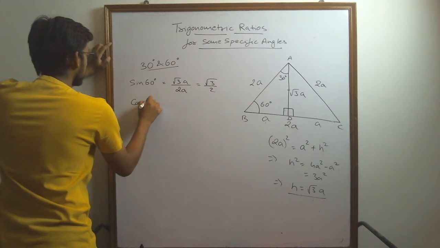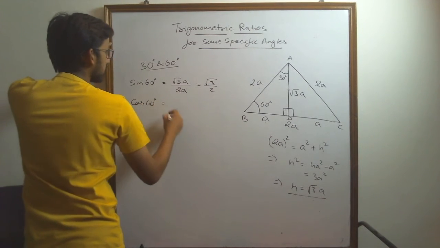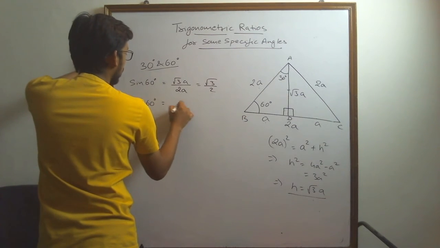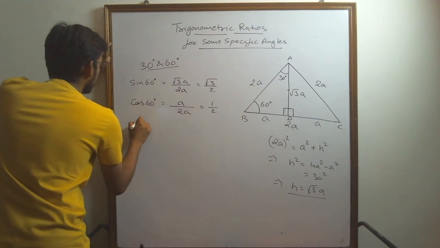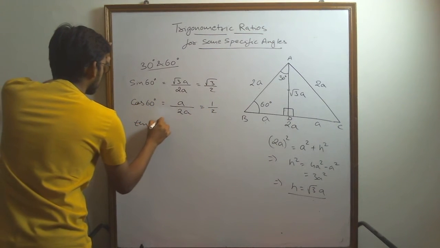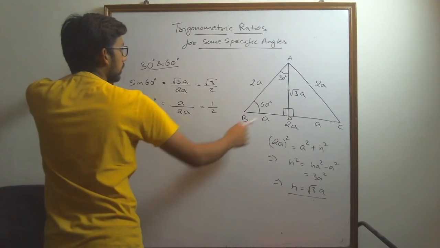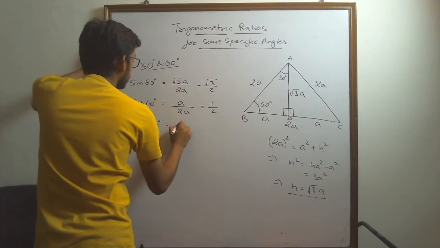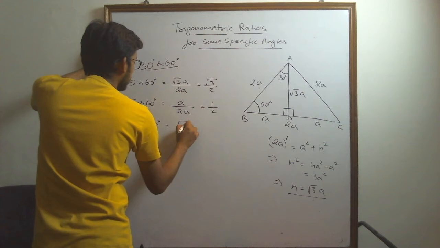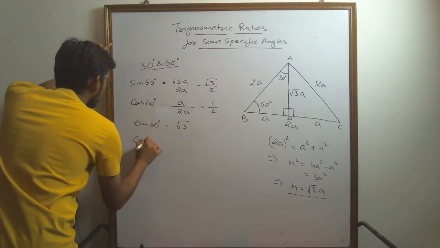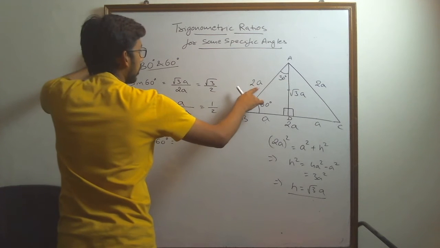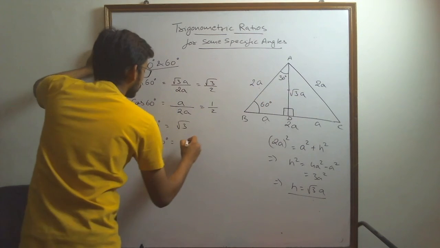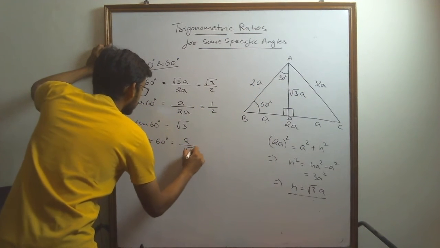Cos 60 degree will be adjacent a upon hypotenuse 2a, 1 upon 2, and tan 60 degree will be equal to opposite upon adjacent, so root 3a upon a, which is root 3. Cosec 60 degree will be hypotenuse upon opposite, so 2 upon root 3.